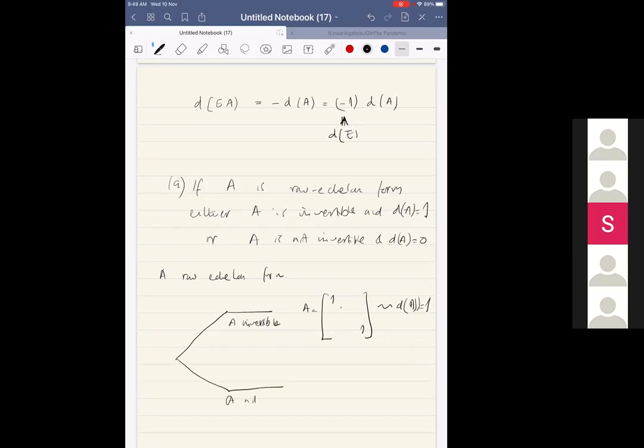A not invertible, then the last row is 0, and D of A is 0. Because if any row of a matrix is 0, we have already shown that D of A is 0.